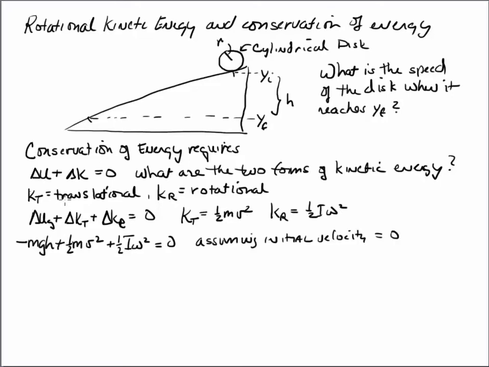We can then write minus mgh plus 1/2 mv squared plus 1/2 I omega squared equals 0. And in this case, we are assuming the initial velocity is equal to 0.